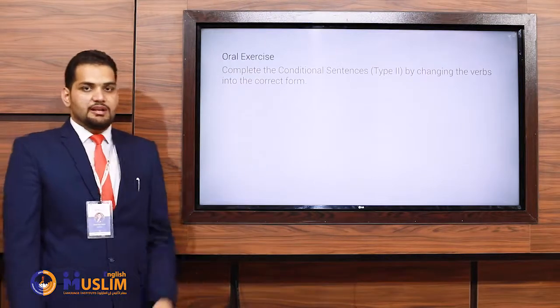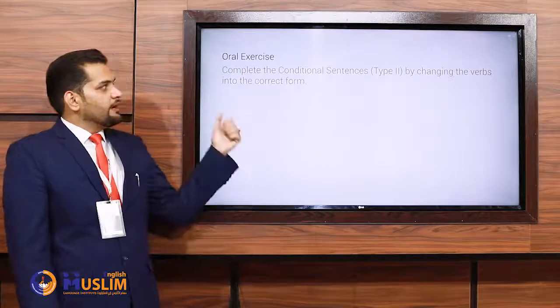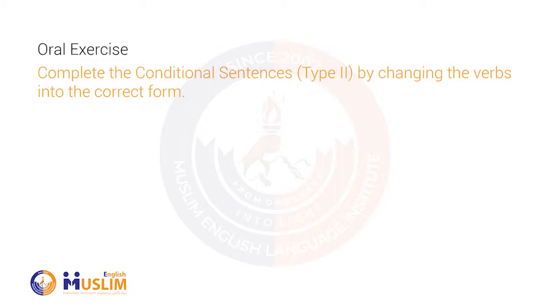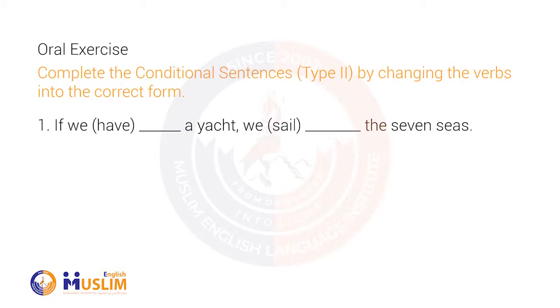Let's do an oral exercise. Complete the conditional sentences, in this case the second conditional sentence, by changing the verbs into the correct form. Let's do the first one together. If we, the verb is have, a yacht, we sail the seven seas.